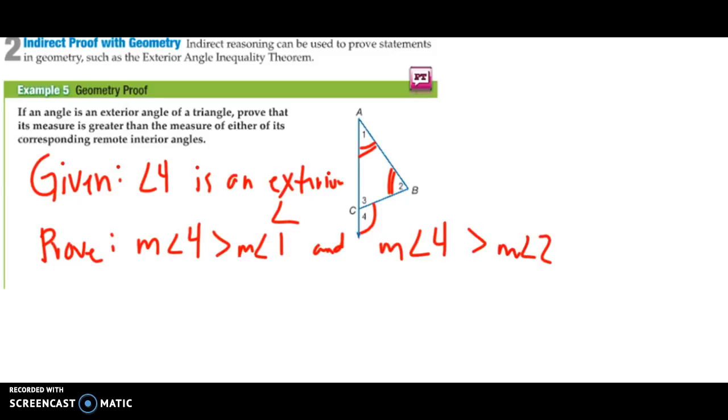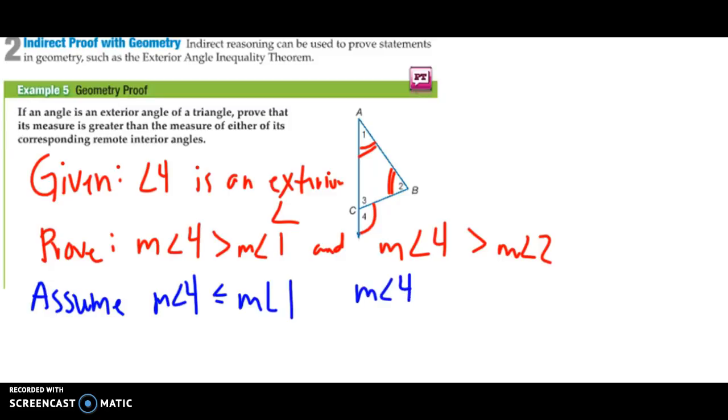So we need to take first the assumption of the negation of what we're trying to prove. So let's assume the measure of angle 4, well, the opposite of greater than would be less than or equal to the measure of angle 1, and the measure of angle 4 is less than or equal to the measure of angle 2.